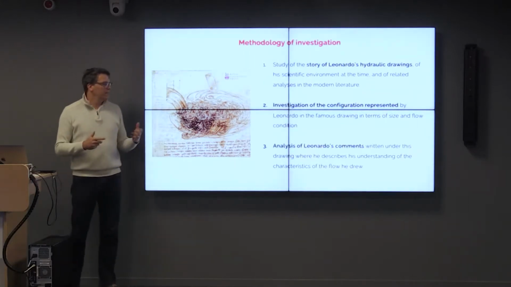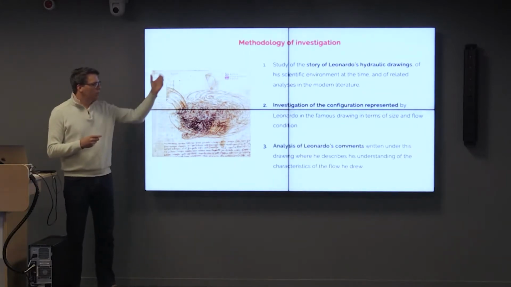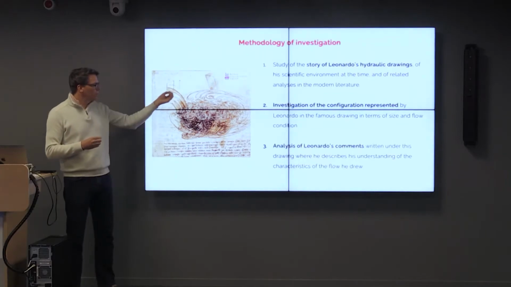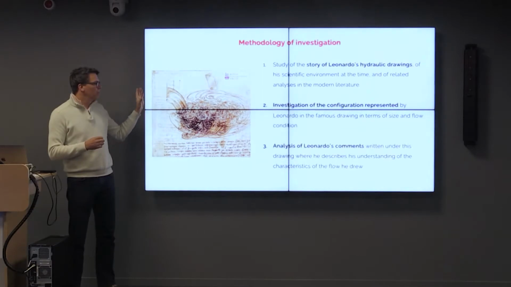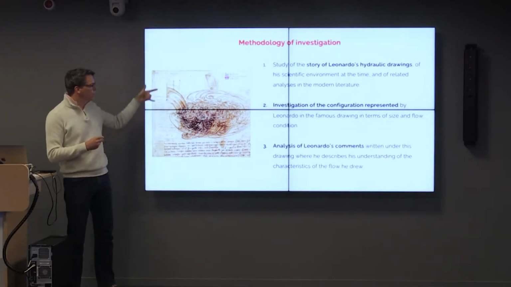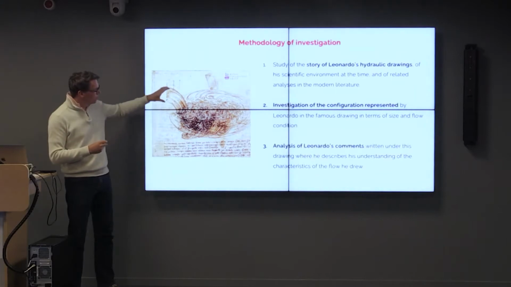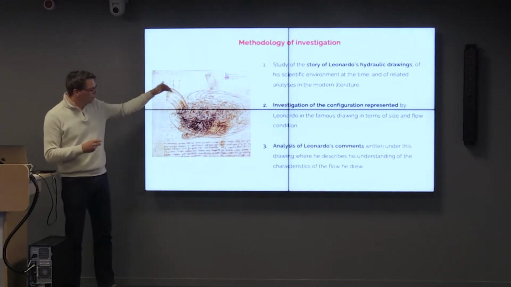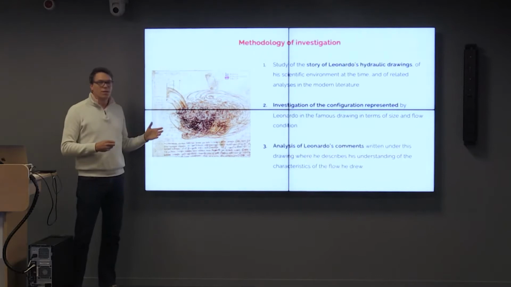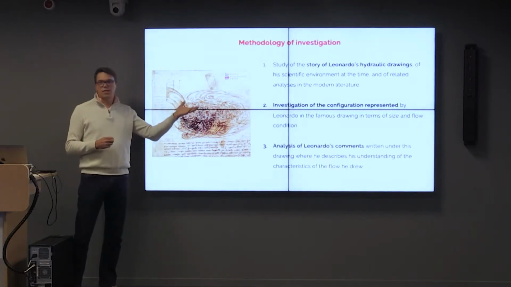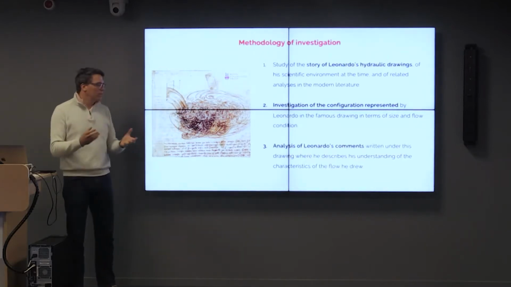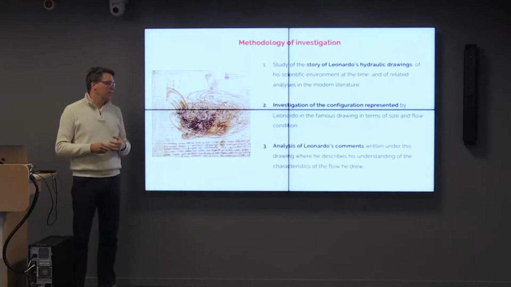The second thing we did is try, through this study, to investigate what the actual conditions are, what the setting of this drawing is, what the size of this sluice is, what the flow rate which enters the pool is, etc. Because if we want to reproduce it at some point, we need to understand the actual setting.